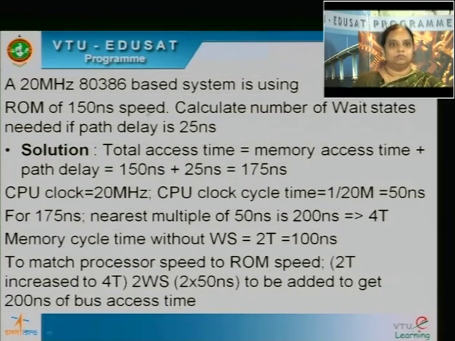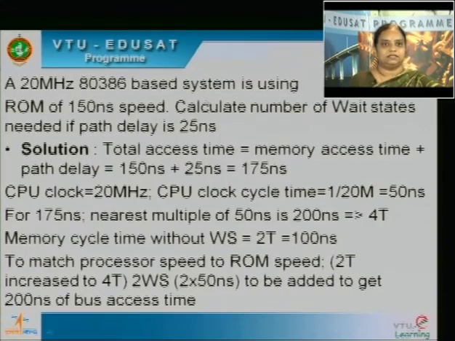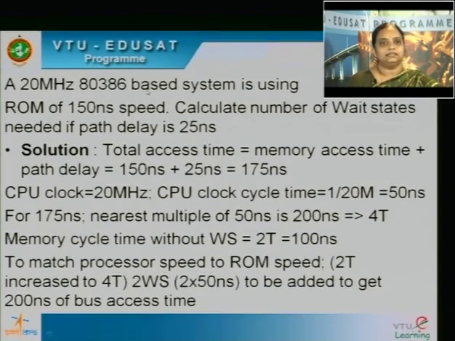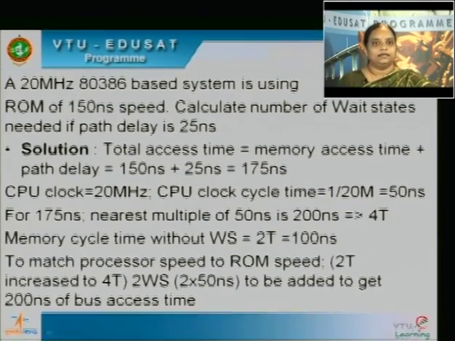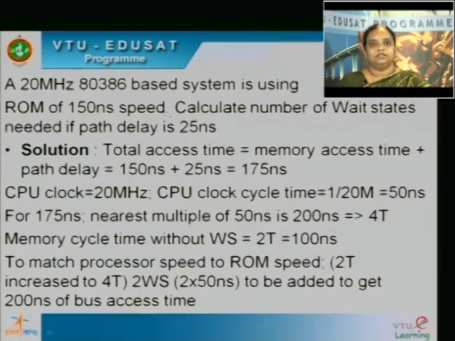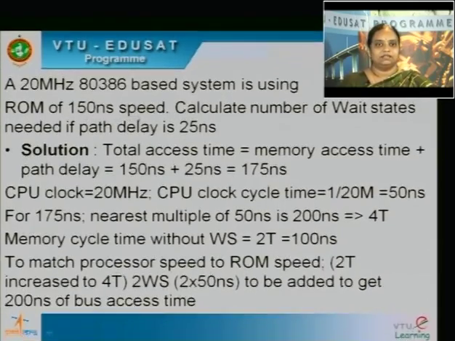Now this is a problem which tells us how to calculate the number of wait states. So let us say we have the same processor 80386 running with a 20 megahertz clock, and it is interfaced to a ROM, and the memory here is having 150 nanosecond speed.